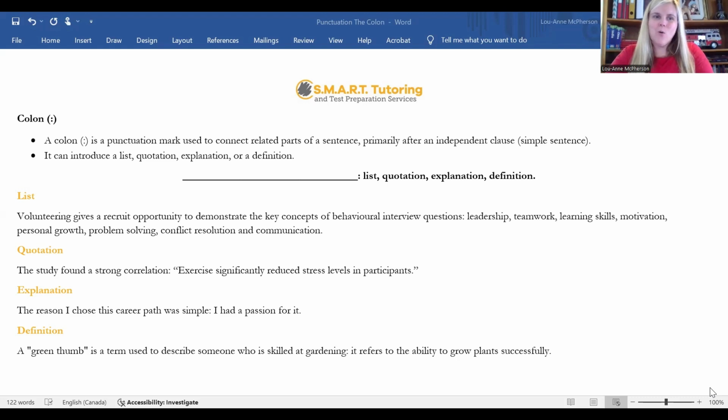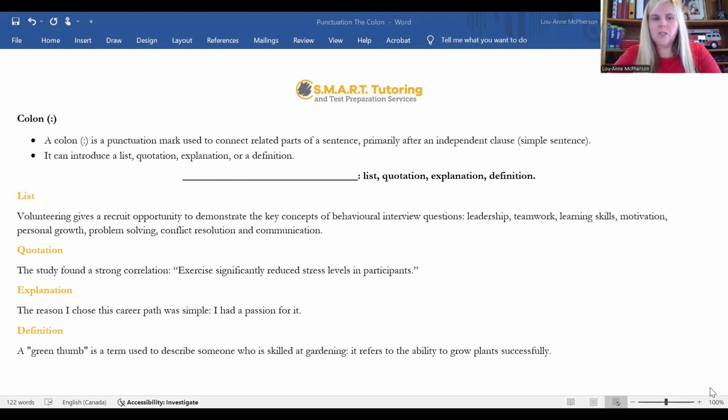Lastly, you could see a colon introducing a definition. I want you to keep this in your back pocket, because locating definitions is part of the reading comprehension section. Now, the example I have here is a green thumb is a term used to describe someone who is skilled in gardening: it refers to the ability to grow plants successfully.